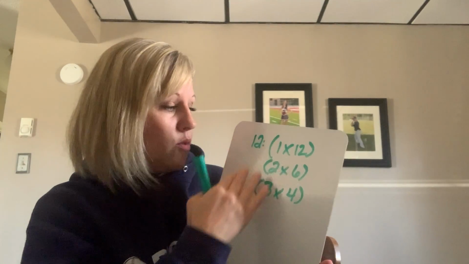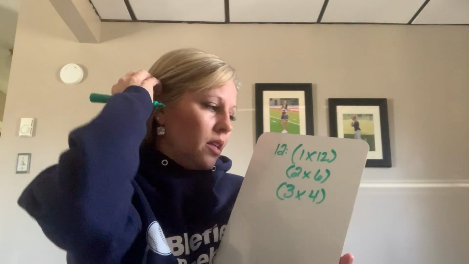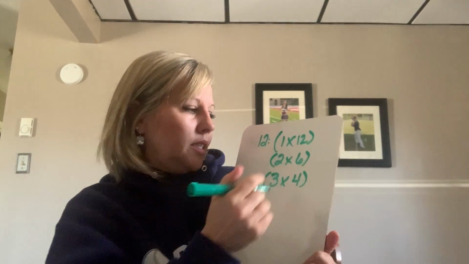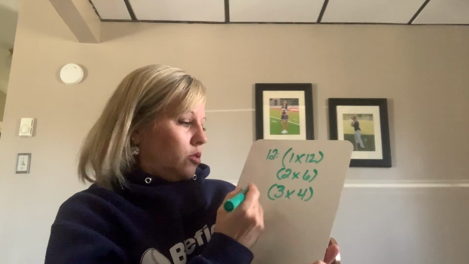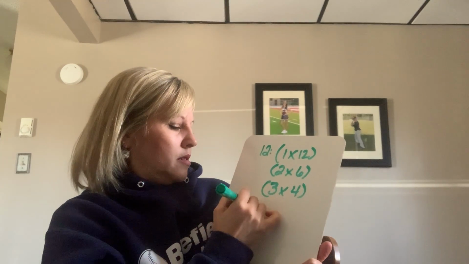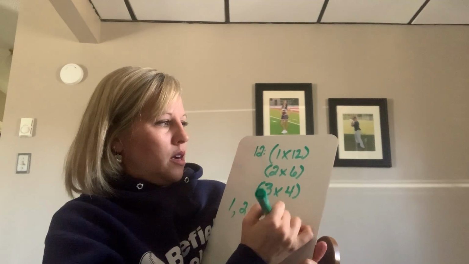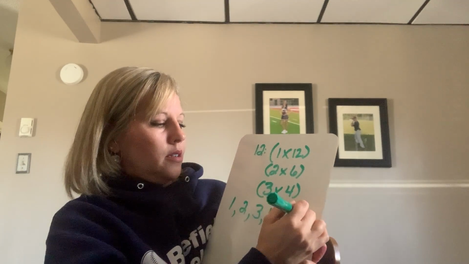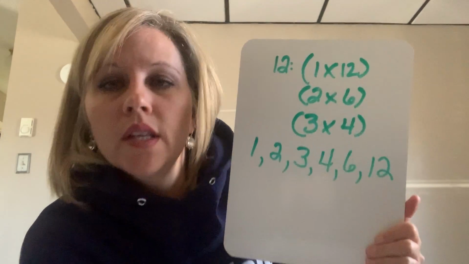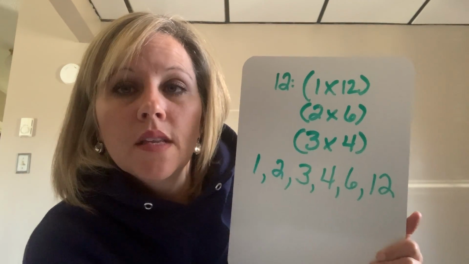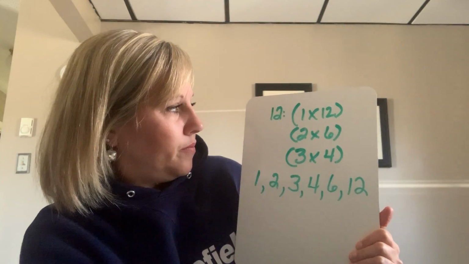But you have these other ways. So it's not prime, it's composite. Let's list our factors in order: 1, 2, 3, 4, 6, and 12. Remember, when you're listing factors, you have to list them in order from least to greatest.